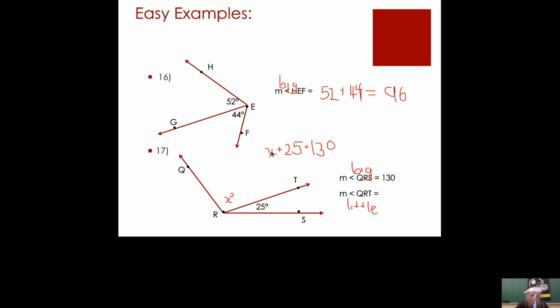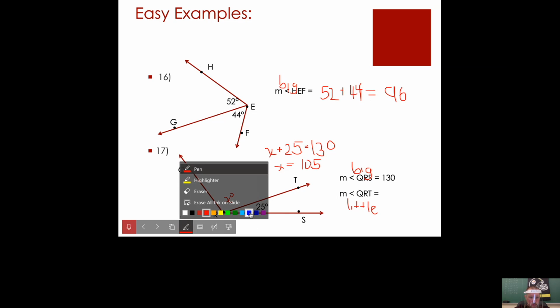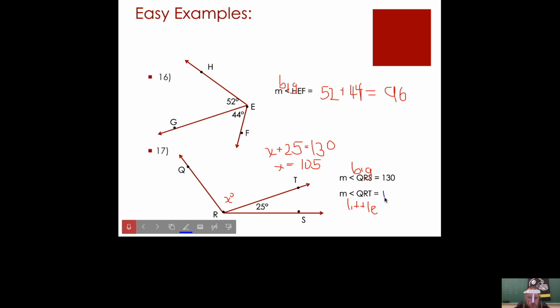You want to get X by itself, so subtract 25 from both sides. So X will be 105. So make sure you answer that question. Measure of angle QRT is 105.